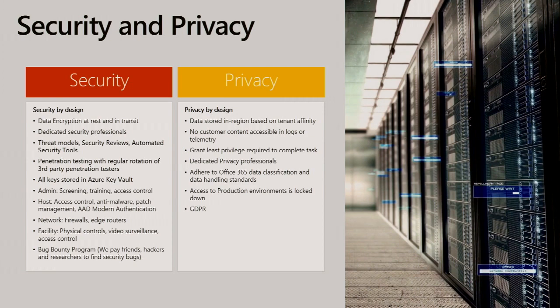We also have a bug hunting program where anyone can participate, and we provide thousands of dollars if anyone is able to discover a bug for us to fix. We address security at multiple levels. As you can see here, at the host level, we have access controls and anti-malware. At the network level, we have firewalls and edge routers, and at the facility level, we have video cameras and actually restrict access as well.